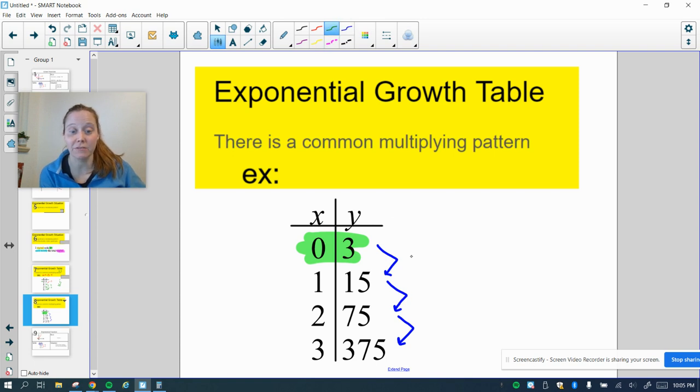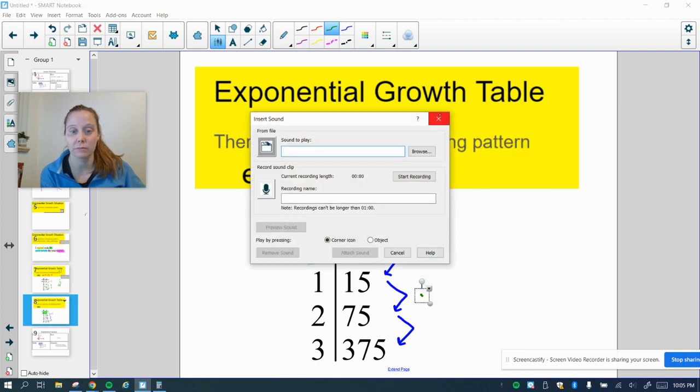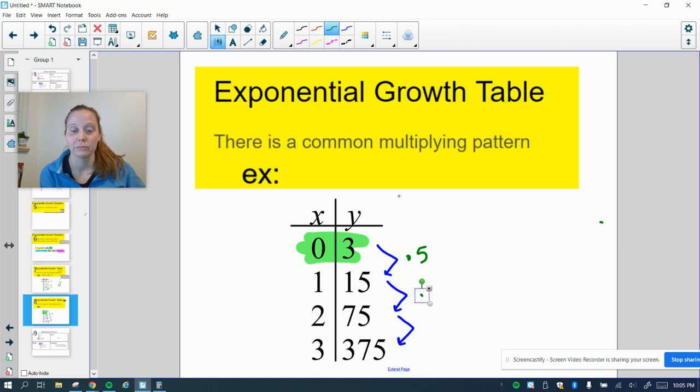You should have said times 5. 3 times 5 is going to give us 15. 15 times 5 gives us 75, and so on and so forth. So our common multiplying pattern here is times 5.